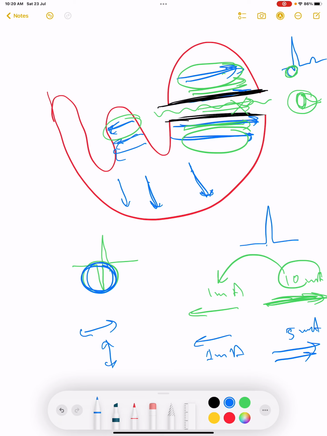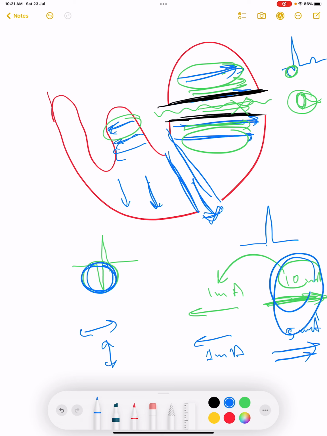Similarly in the inferior leads, if this area of the heart is damaged, then there will be no outward conduction. Again, these 10 milliamperes will be lost, and we can see the Q waves clearly, and there will be appearance of Q wave in the inferior leads.